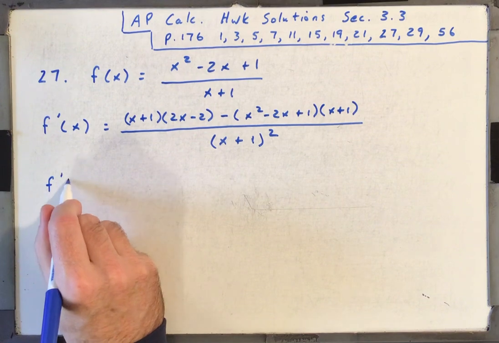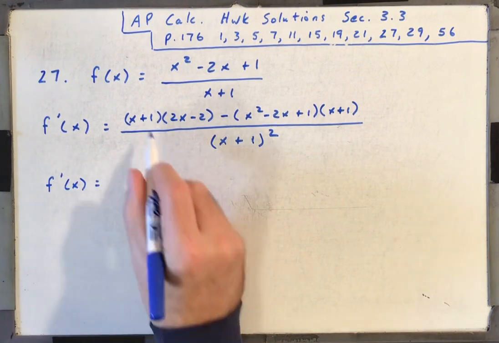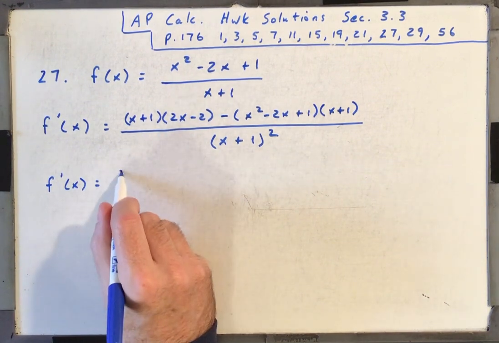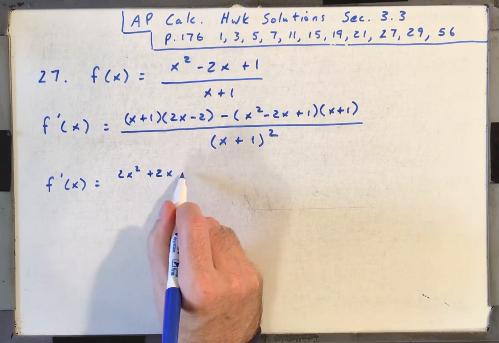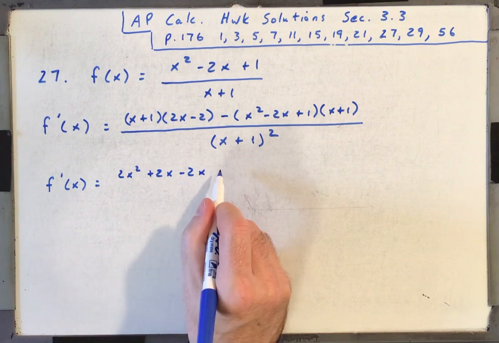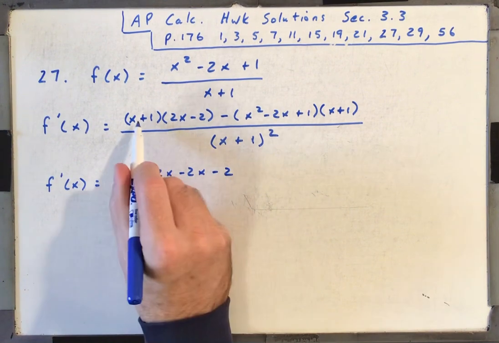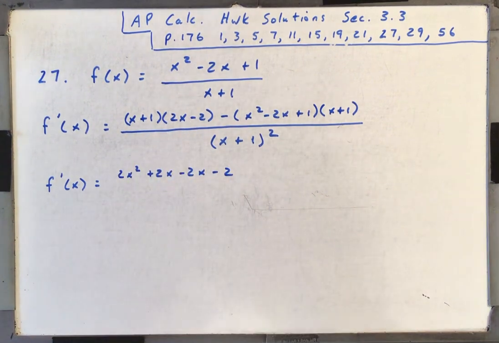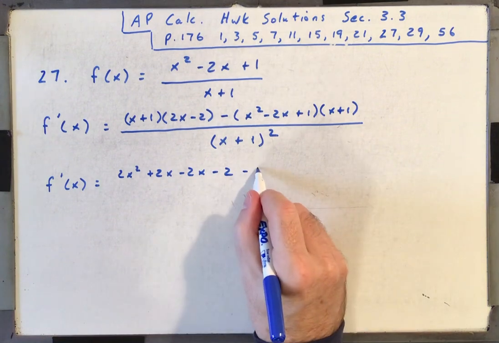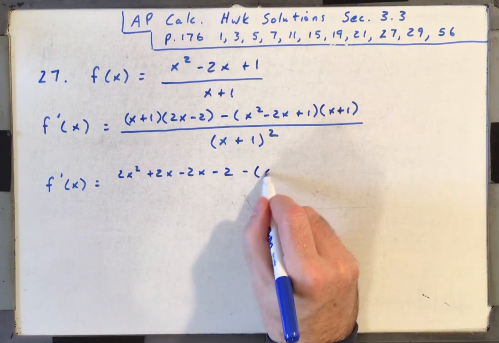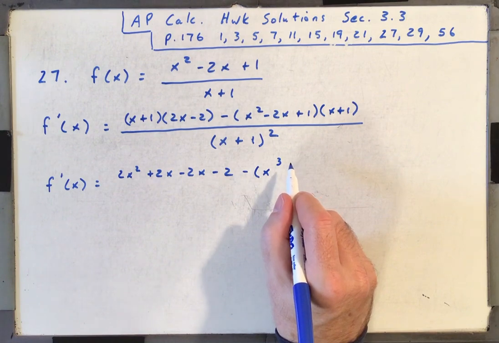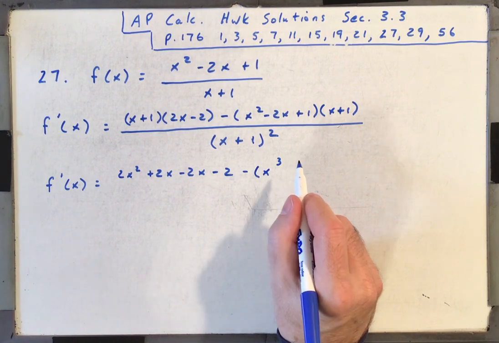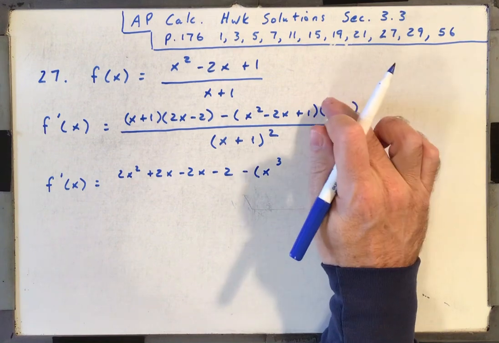So f prime of x is equal to, that's going to be 2x squared plus 2x minus 2x minus 2. I just FOILed the top. Minus, oh, I'm sorry.